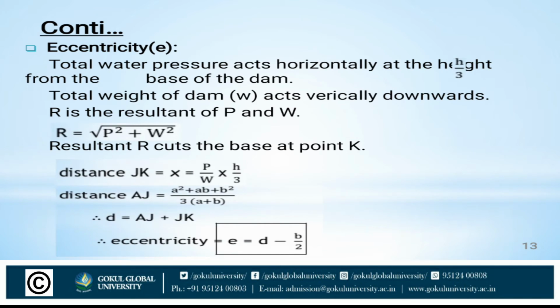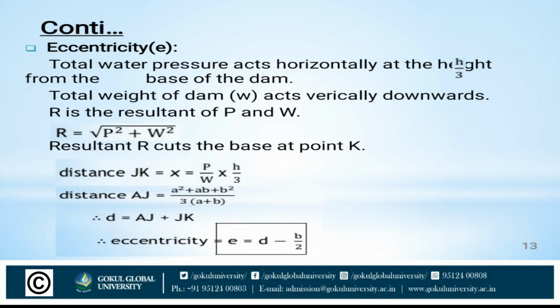Next one is eccentricity. So we have to identify the eccentricity of the dam. The water pressure acts horizontally at the height h by 3 from the base of dam. Total weight W acts vertically downward. R is the resultant of P and W. So we can write R is equal to under root of P square plus W square.